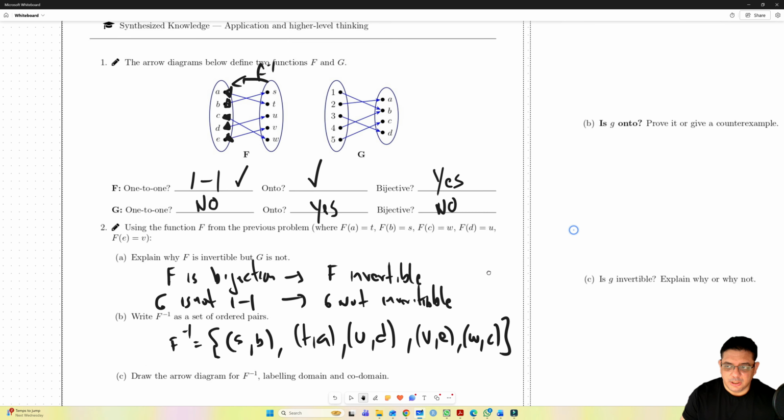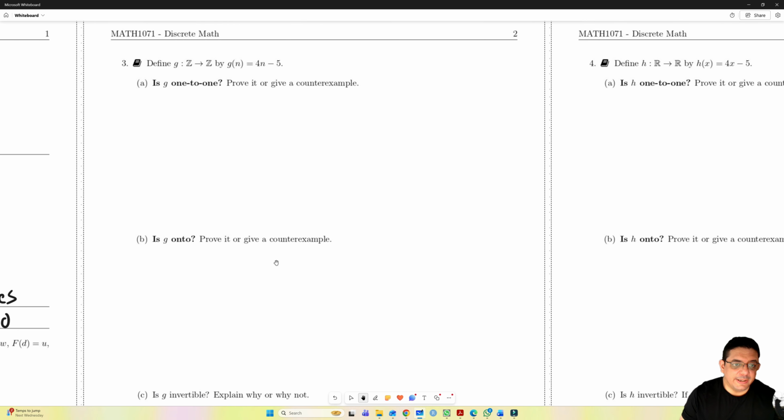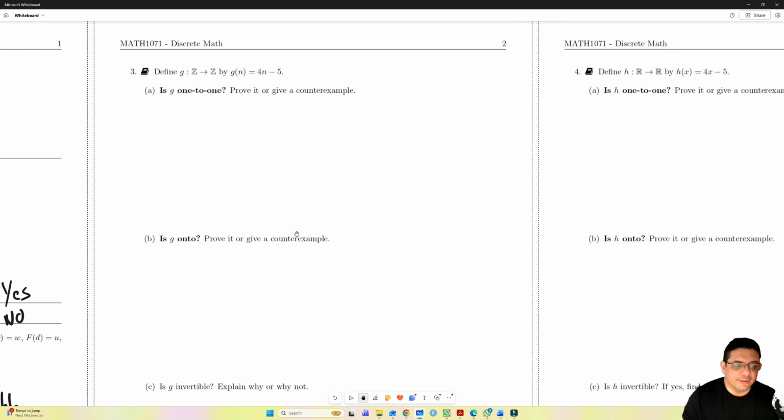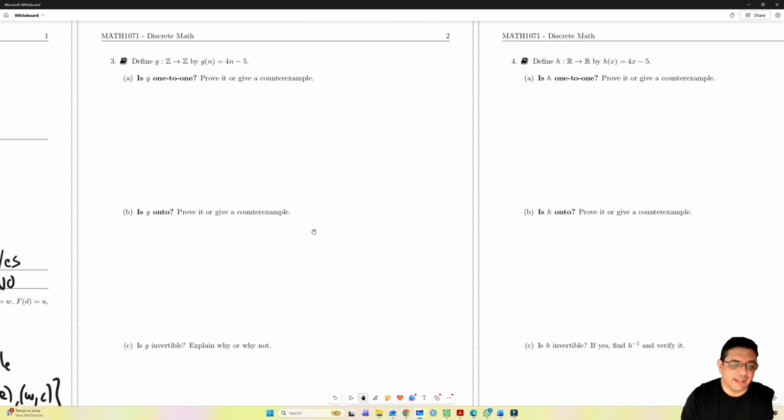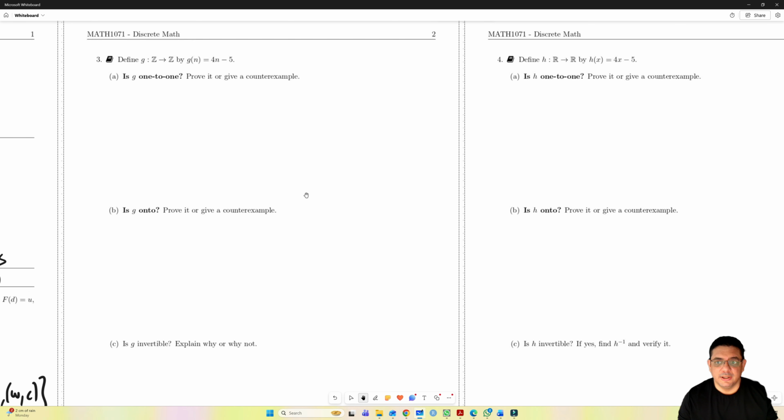Okay, all right. Now, once again, I spoke of this on the slides and the class notes in the introduction of the concept. We had this function g from Z to Z given by 4n minus 5. And I can also consider this from R to R being 4x minus 5.